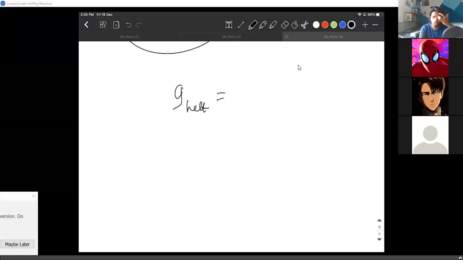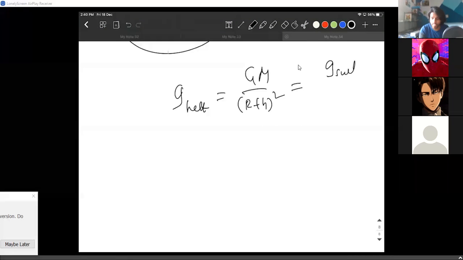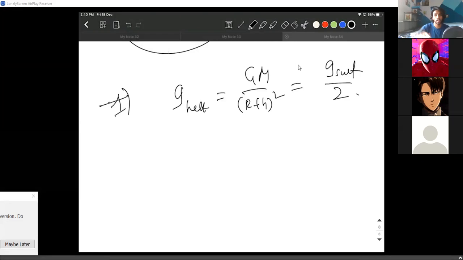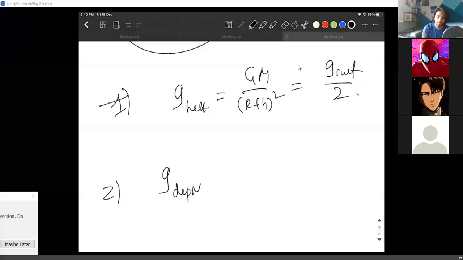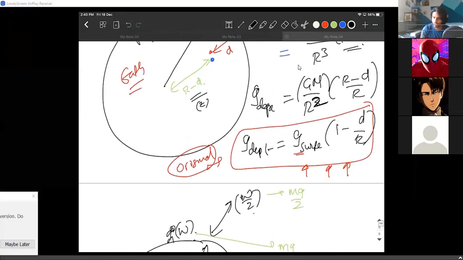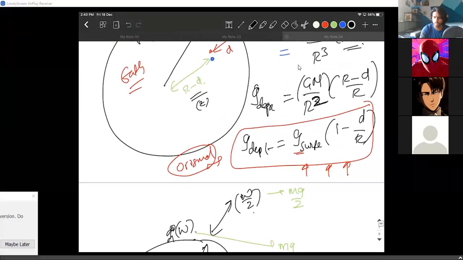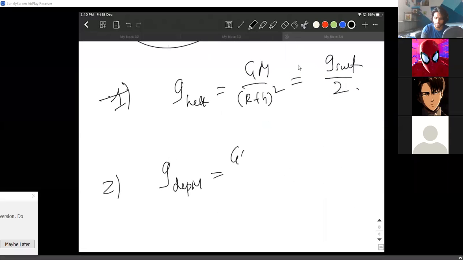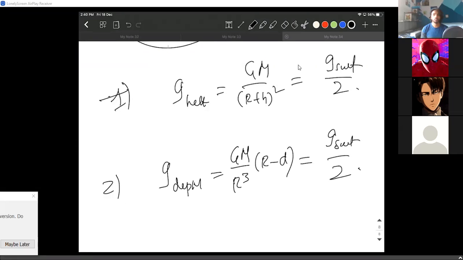Which means he's asking g at a height, GM by r plus h whole square, must equal g at surface by 2. This is the first question, about the height. The second question, g at depth, I can use any of the formulas: GM by r cube into r minus depth must be g surface by 2.